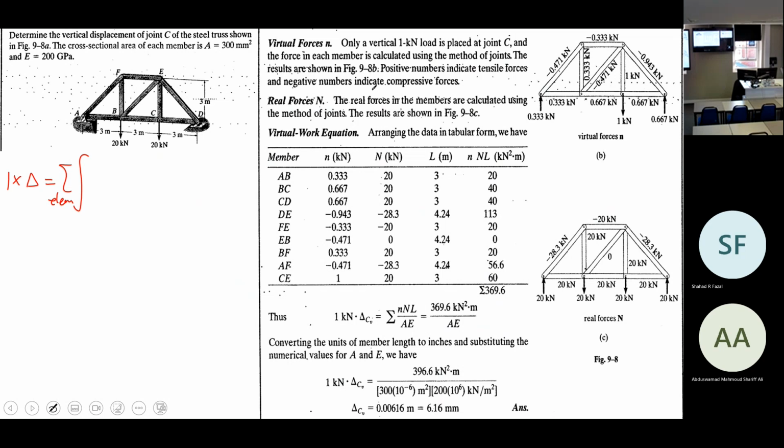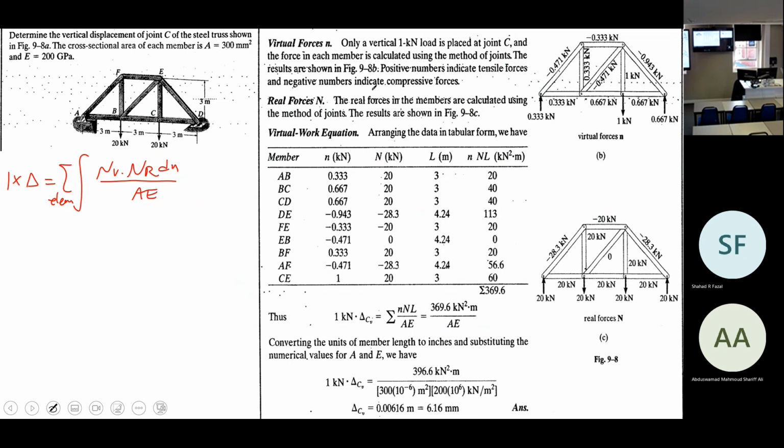We only have axial forces, don't we? For a truss structure, we only have one of the integrations, which is the axial force integration, N_V N_R dx over AE.